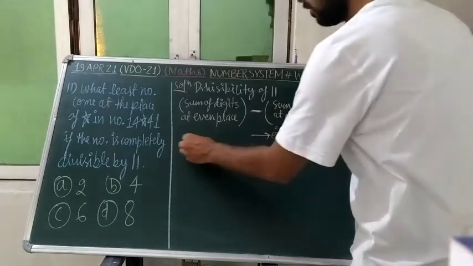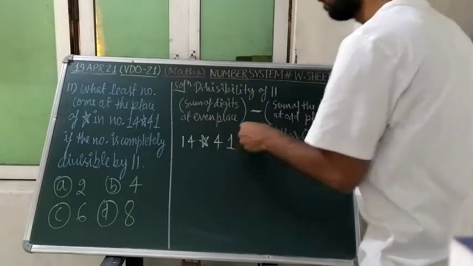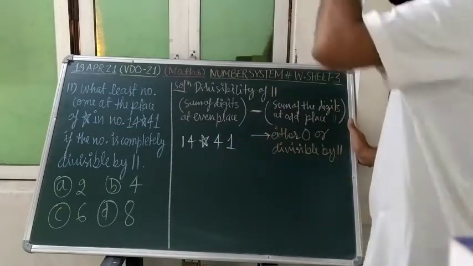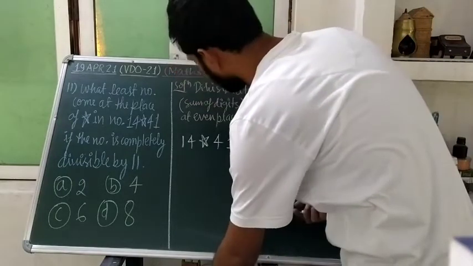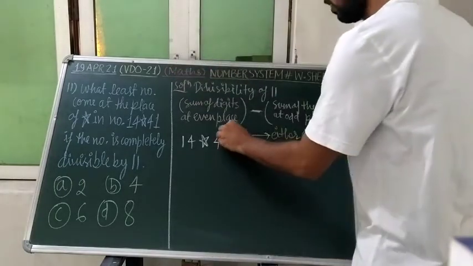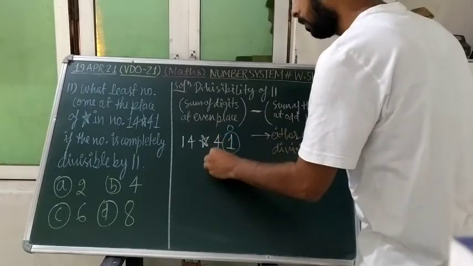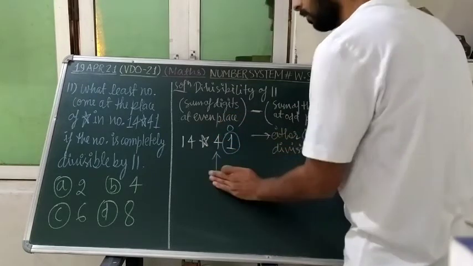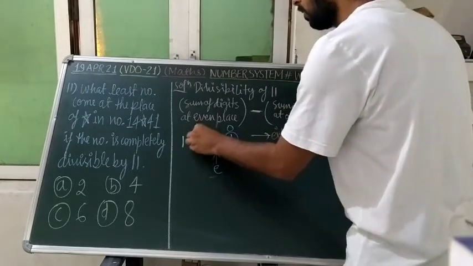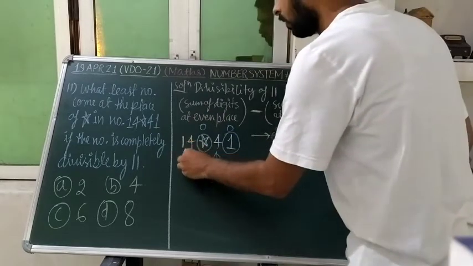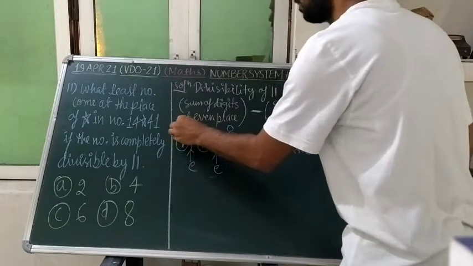So our number is 1 4 star 4 1. So we'll select the even and odd places in it. So this 1 will be the odd place, 4 will be our even place, star will be our odd place, 4 will be our even place, 1 will be our odd place.